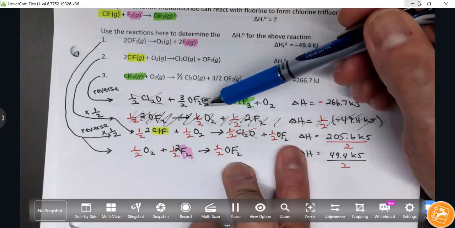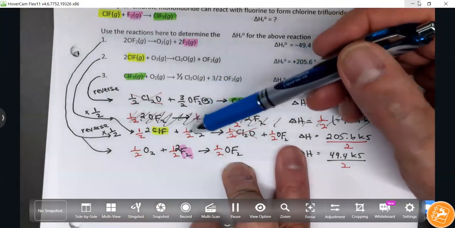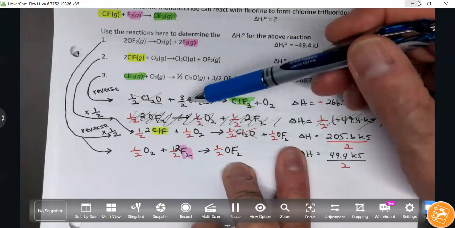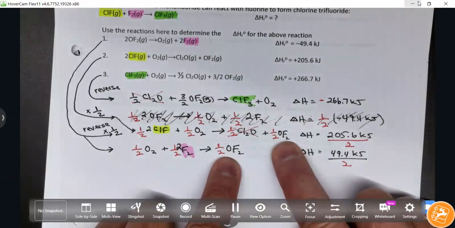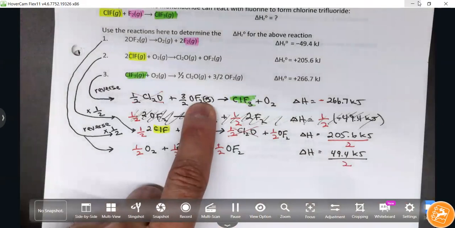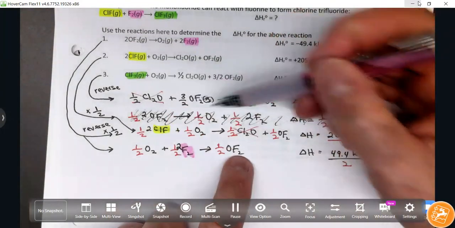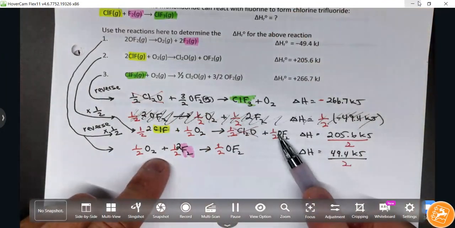What happened? What did I mess up? I think, right? Yeah. I need 1 1/2, and this only gives me 1. For the first one, it's 2 OF2, so divided by 2, we only give you 1 OF2. Right underneath, use the reactions to determine.